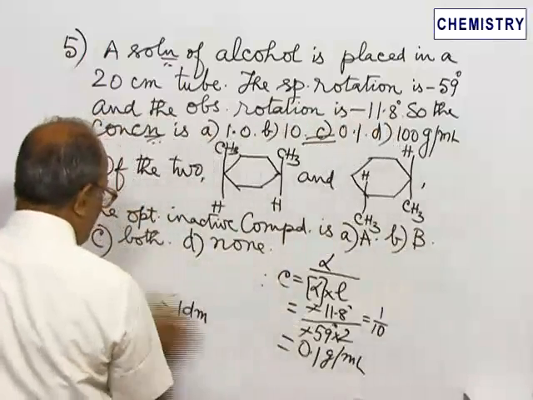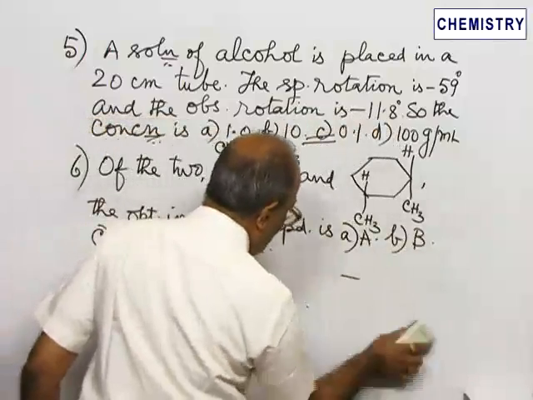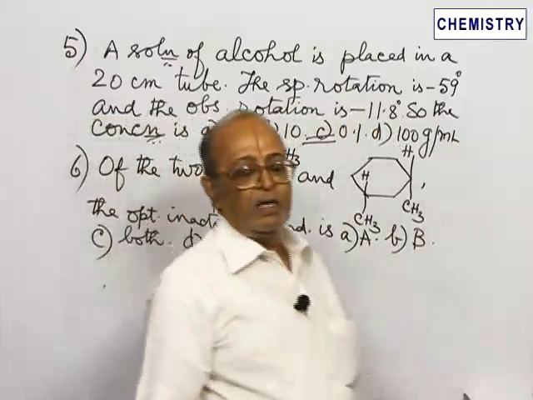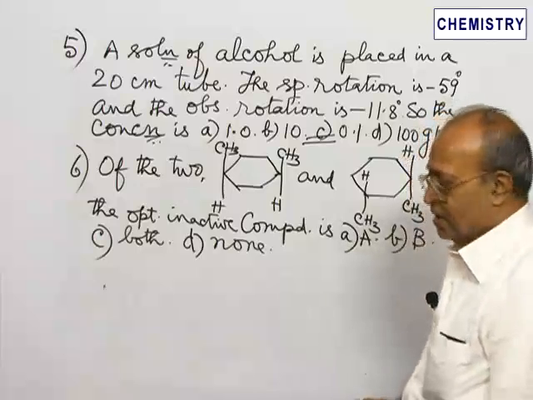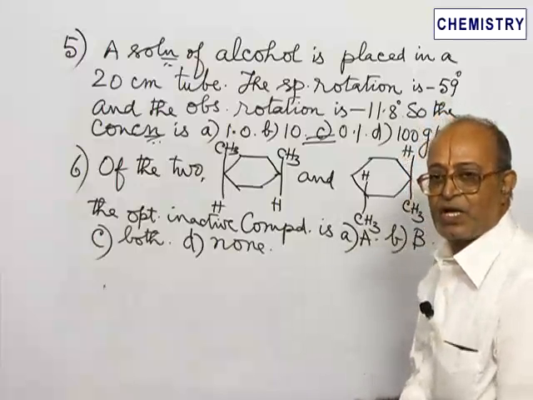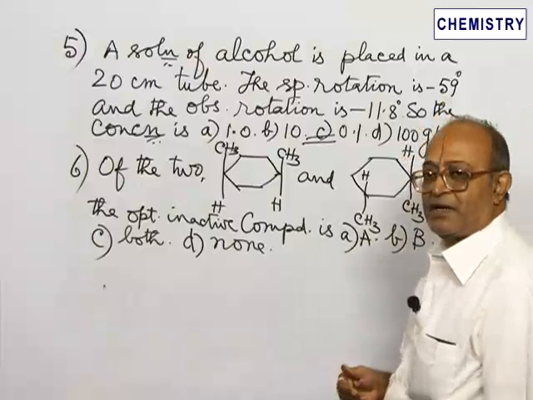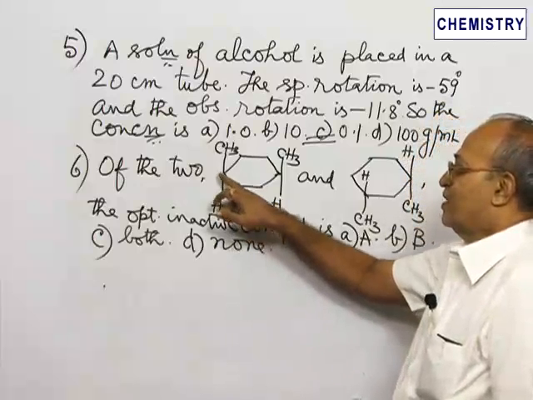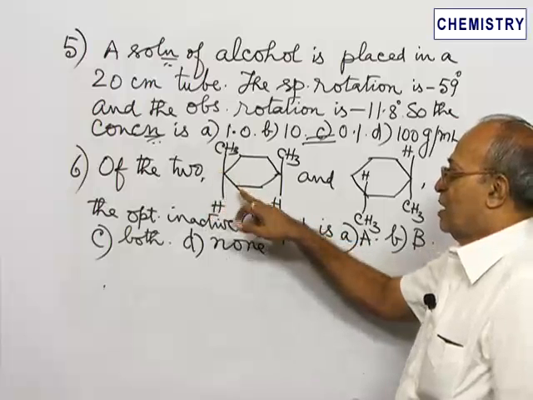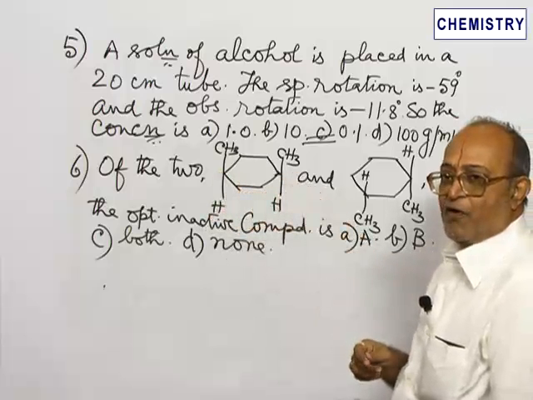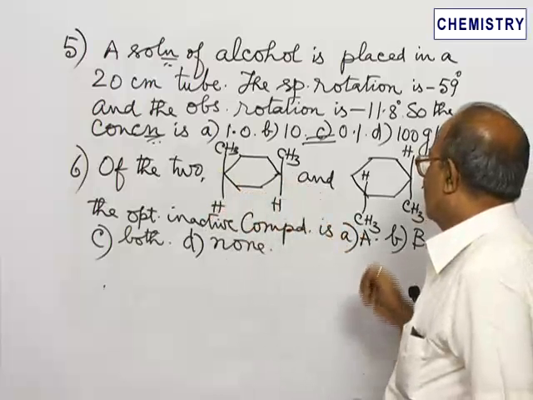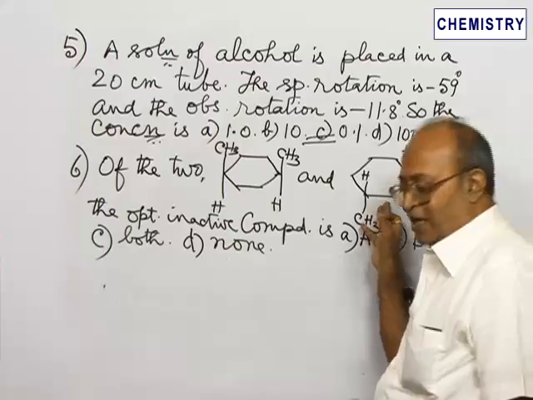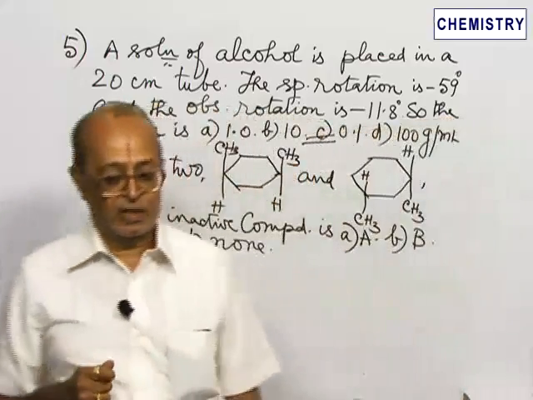It is comparatively simple. Two compounds are given, both of them cyclohexane derivatives. If I consider this carbon as 1, 2, 3, 4, this is 1,4-dimethyl cyclohexane, and this will be 1,3-dimethyl cyclohexane.